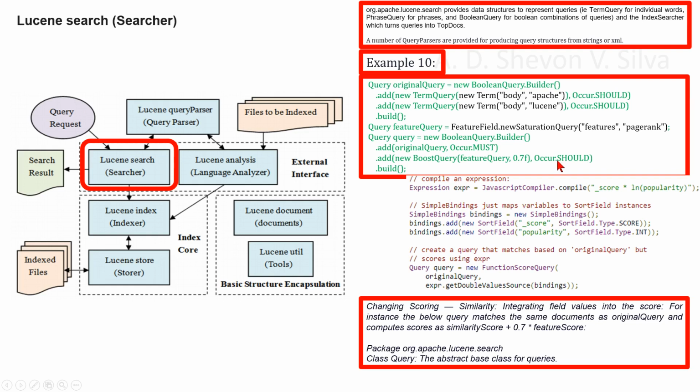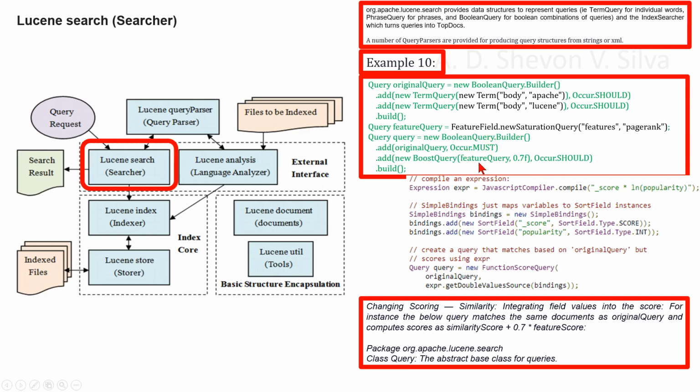Such features are best integrated into the score by indexing a feature field with the document at index time, and then combining the similarity score and the feature score using a linear combination.